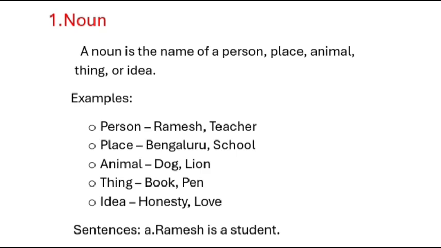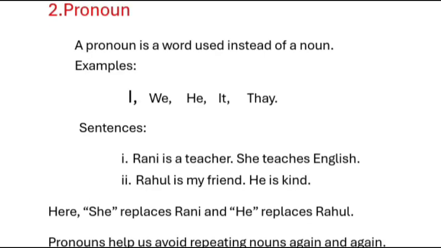For example, person: Ramesh and teacher; place: Bengaluru, school; animal: dog, lion; thing: book, pen; idea: honesty, love. Sentence: Ramesh is a student. Here, Ramesh is a person, and student is also a noun.